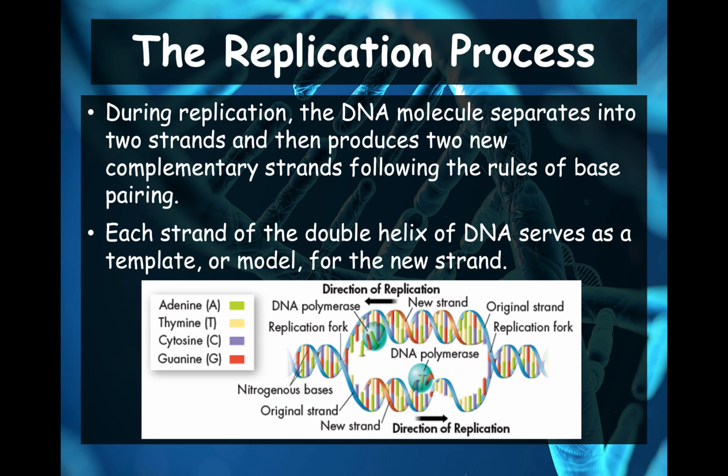So it separates into two strands and then produces two new complementary strands following the rules of base pairing. So A with T, C with G. Each strand of the double helix of DNA serves as a template or model for the new strand. So, as the result of one strand splitting off into two, we're going to eventually, at the end of this, make two identical DNA strands, right?